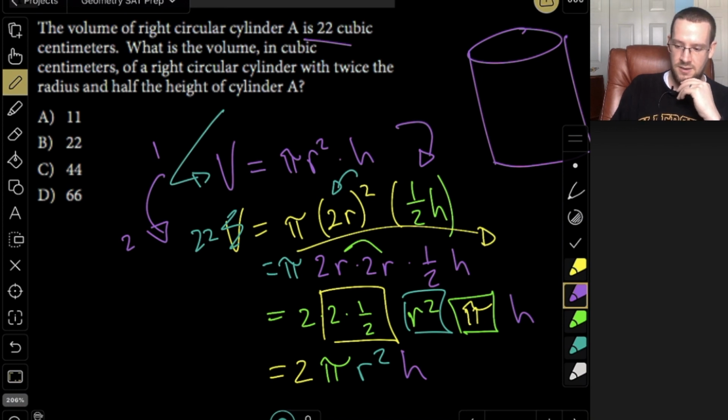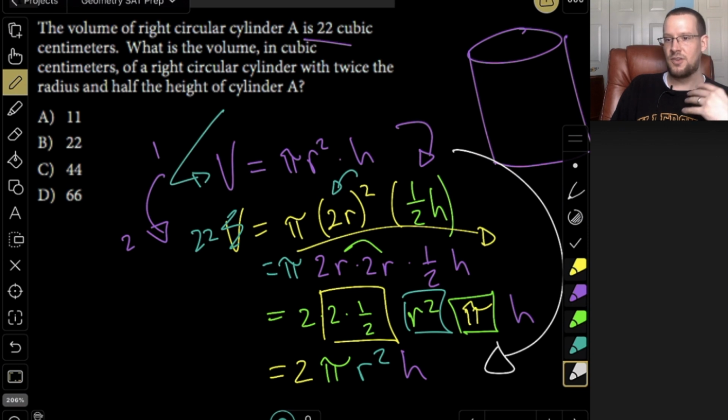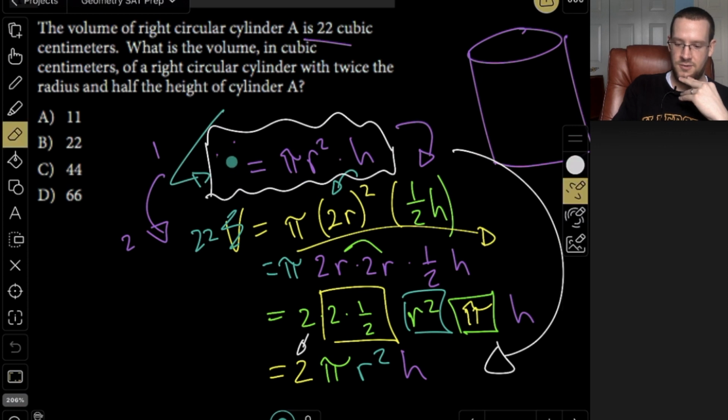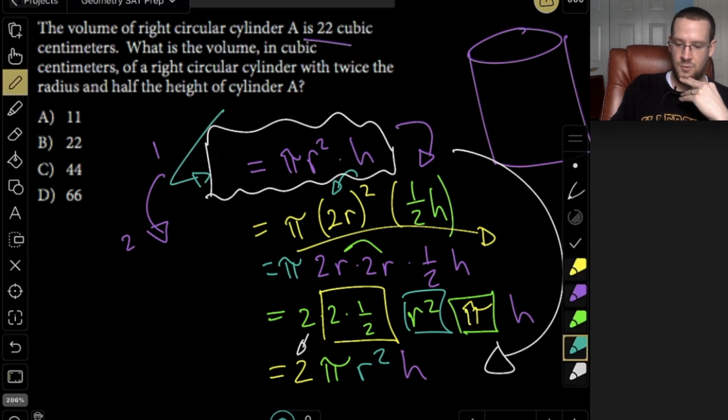So my question is, how did this result change from the initial step? From our initial volume of the figure, what changed? The 2, right? So in order for this equality to hold, the volume of the initial figure was 22 units, right?